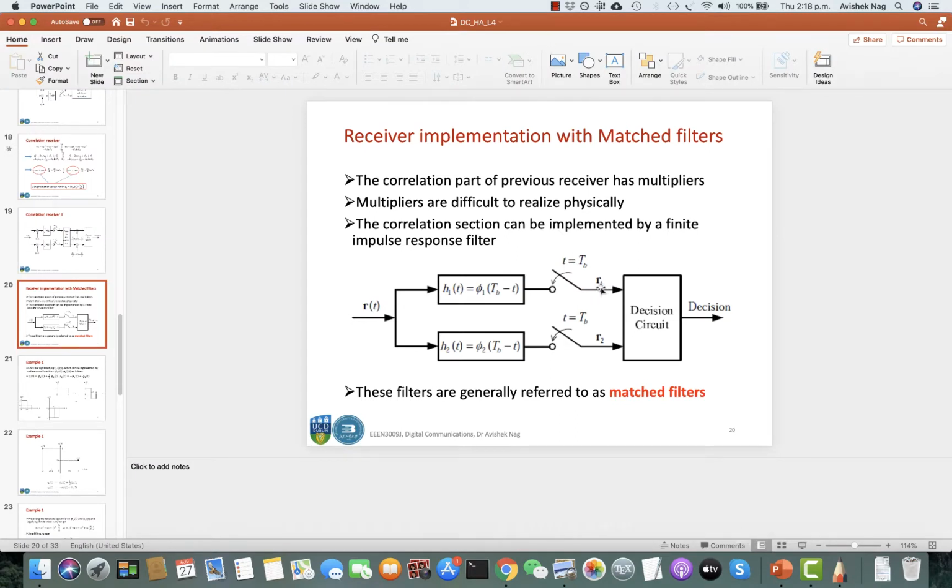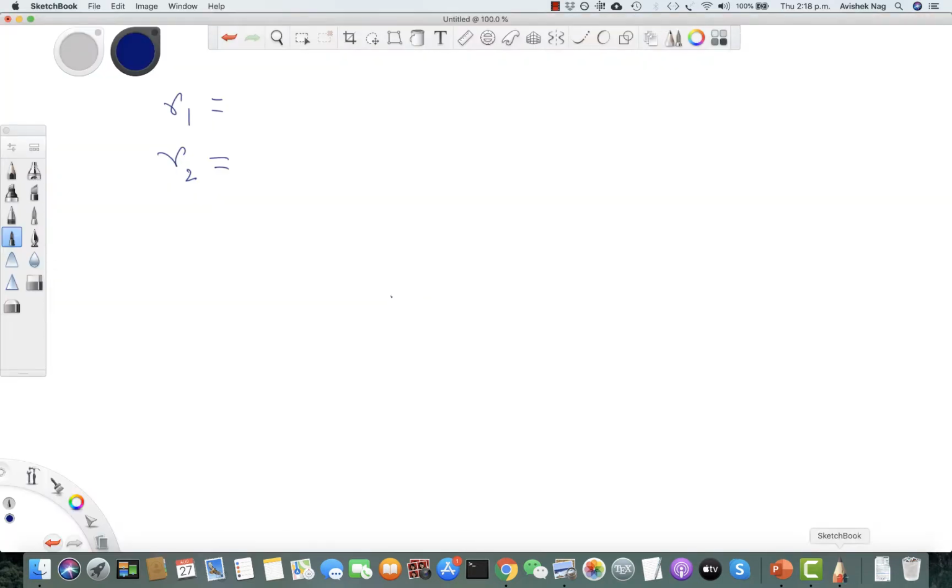This is basically integration between 0 to Tb. This one is the received signal multiplied with phi 1. This is R1, and similarly this is R2, right? This is from the definition.